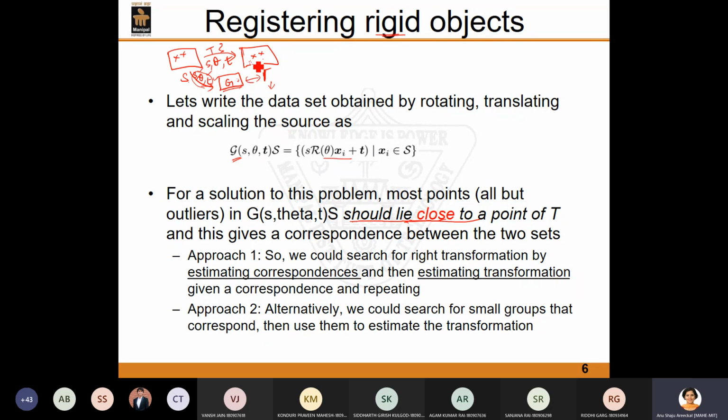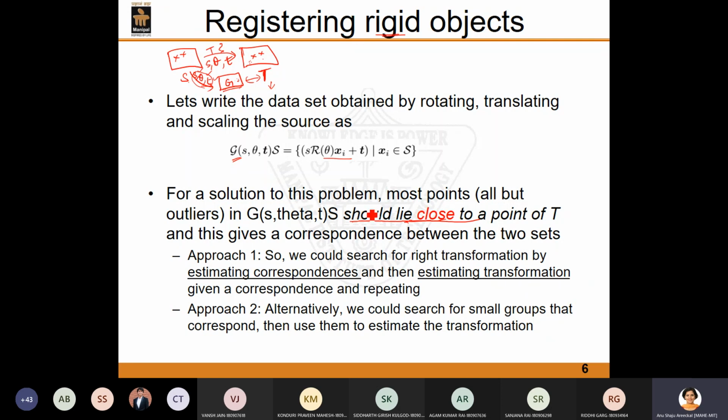Now, another approach is, instead of taking just the interest points, I can also take a group of points or maybe a line segment, etc. So instead of going for a one-to-one, point-to-point correspondence, I can also go with a group of points correspondence.